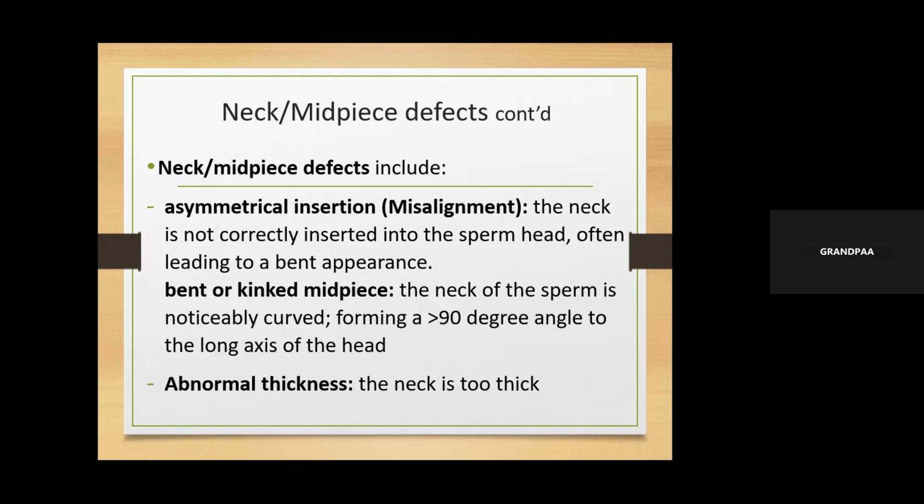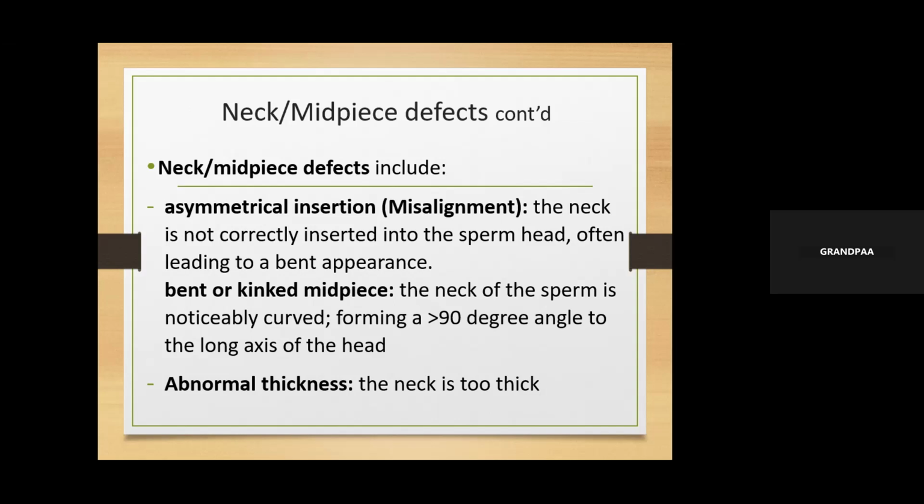I hope you remember that one, when we said that the cytoplasmic droplet may be a small remnant of the cytoplasm left at the neck region. That may be very small, almost insignificant. Where it becomes large, it makes the entire mid piece larger or thicker, and that will give you an abnormality.